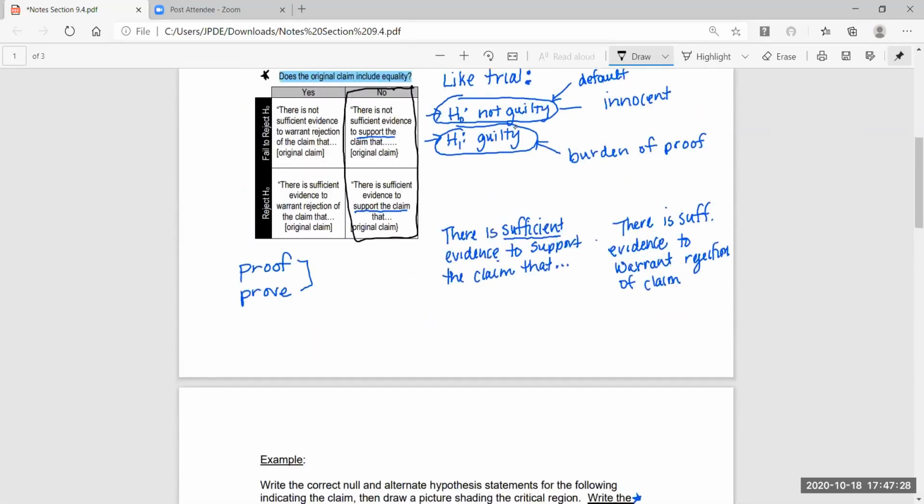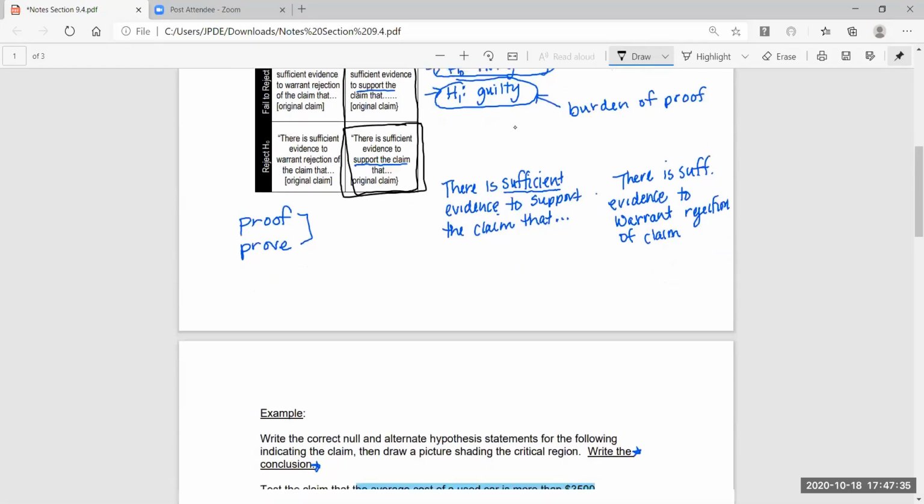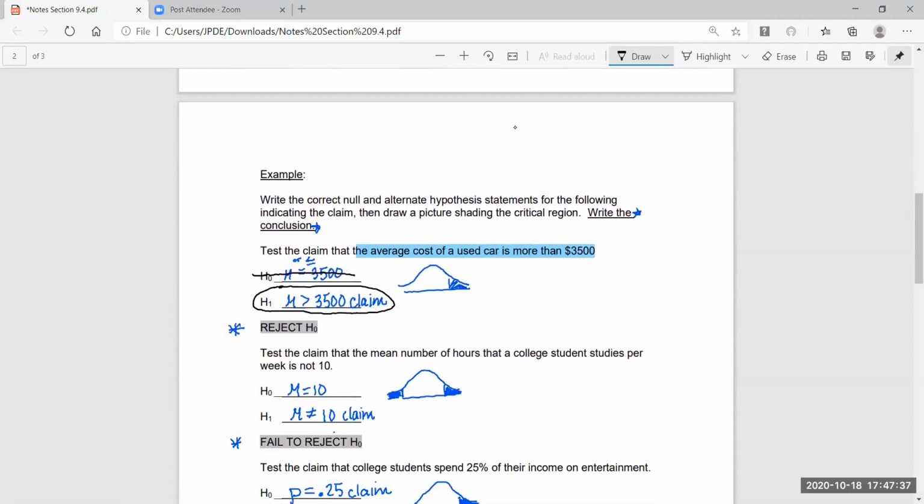And if we're going to reject, we're looking at there is sufficient evidence to support the claim that... So I'm going to say there is sufficient evidence to support the claim that.